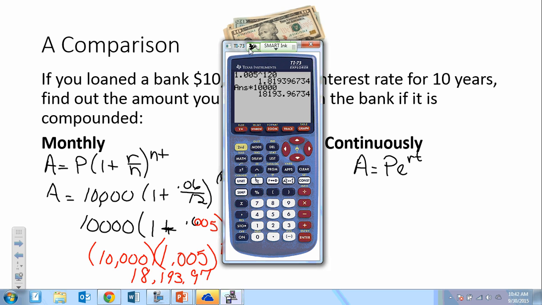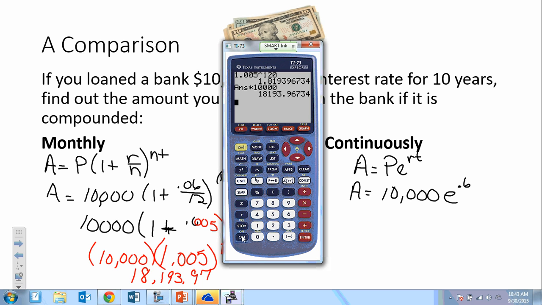All right, so amount, again, $10,000 principal times e to the 6% times 10 years. So 0.06 times 10. Now you know how to run that in your calculator as well, right?